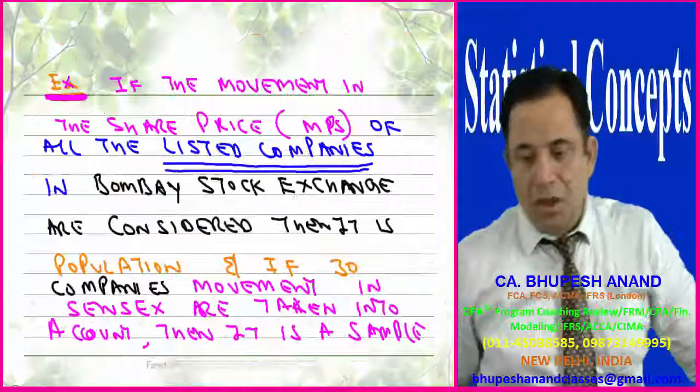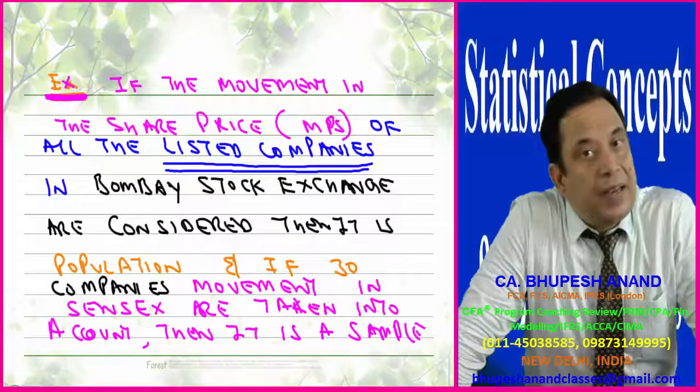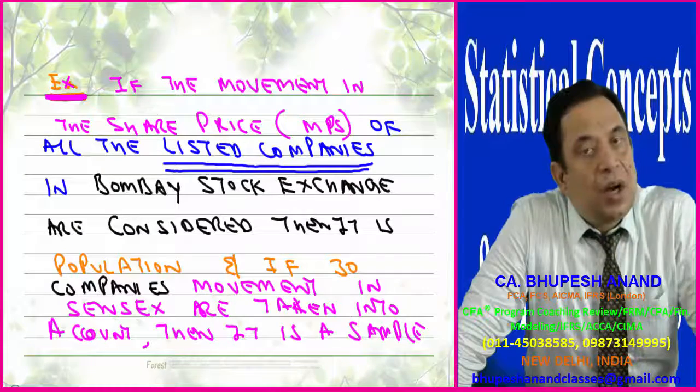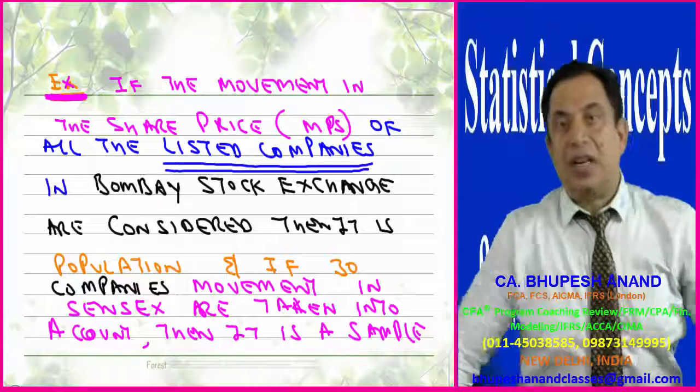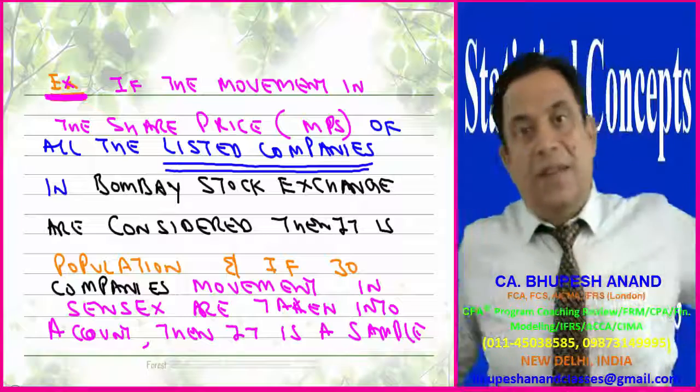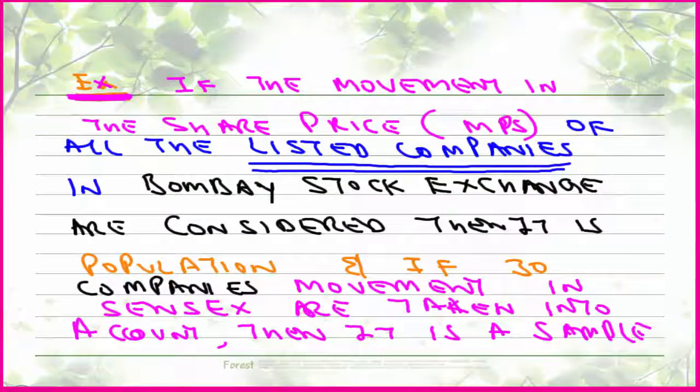Inference about the population. Consider the movement in the share prices of all the companies listed on the Bombay Stock Exchange. If I add the movement of the price of those 12,000 companies, it is a population. Please write down the example.